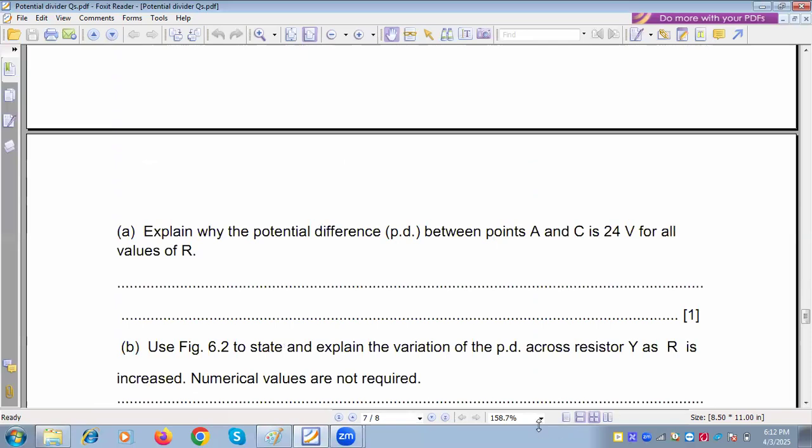So what we will write? No internal resistance, so no lost volt.